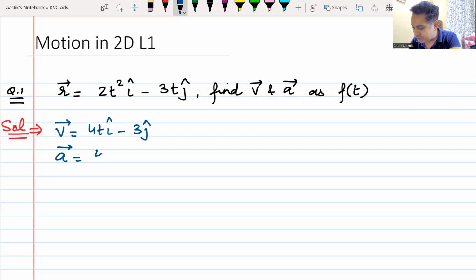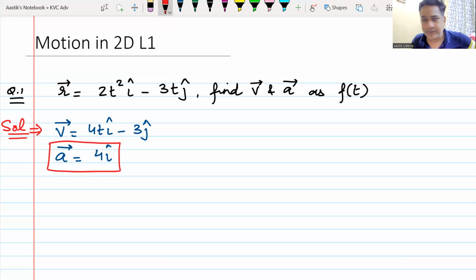I differentiate it once more, and 4 i is my acceleration. I have found both the velocity and acceleration. Do we understand this? Yes or no? Everyone understands this?